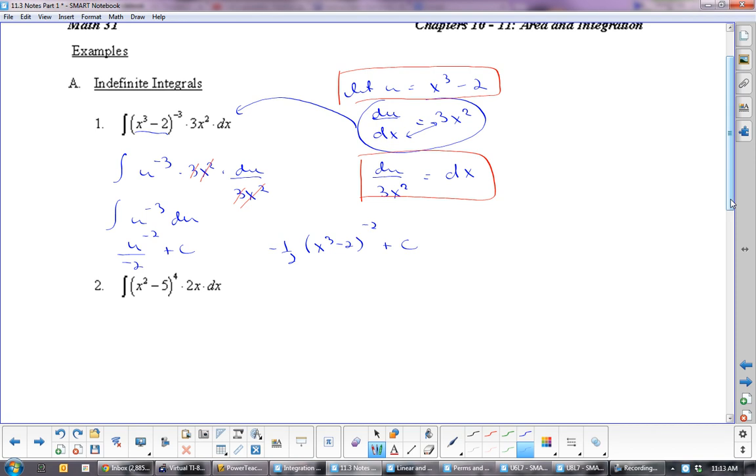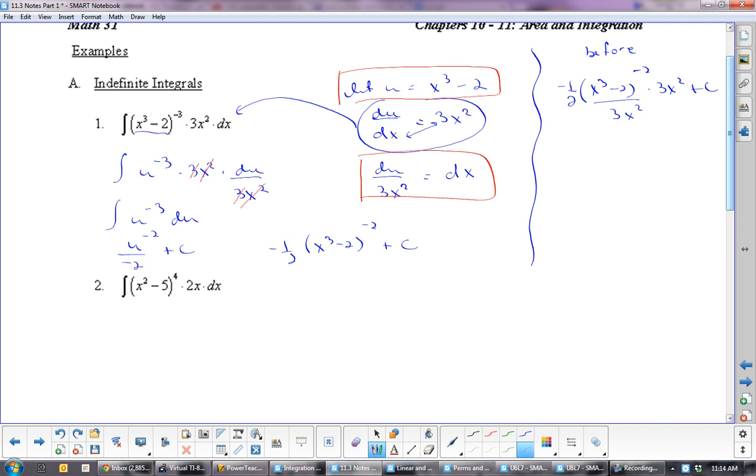Now I'm just going to do this one with you to show you comparable to what we were doing before. Before, we were just taking the integral, which would have been negative 1/2 (x cubed minus 2) to the negative 2 times 3x squared, and then I said divide by the derivative of the inside, which was 3x squared.